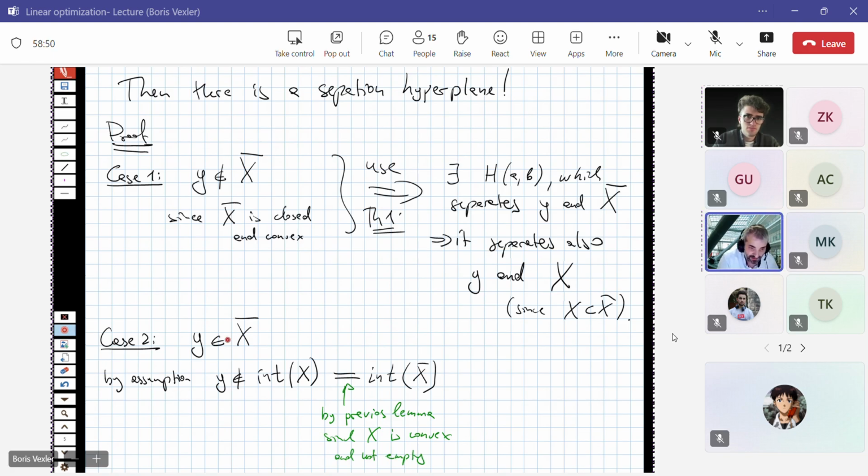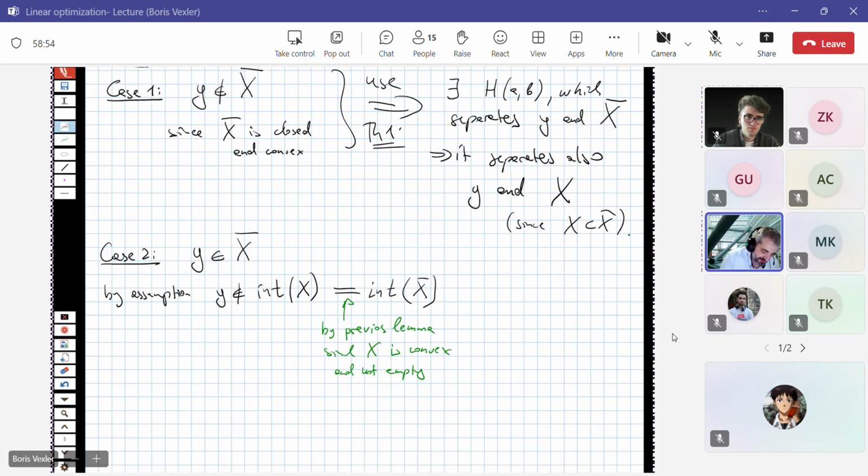Okay. Now what is the situation? The situation is that Y is in X bar and Y is not in the interior of X bar. What does it mean?